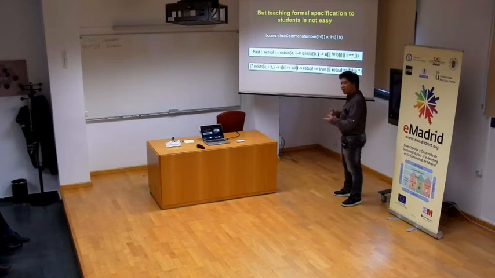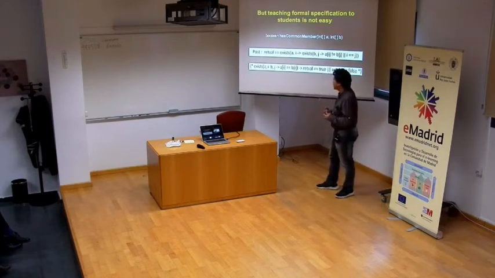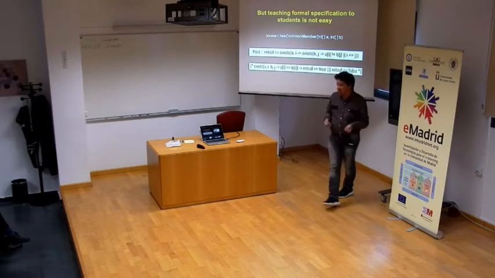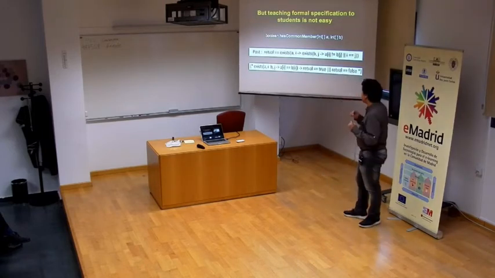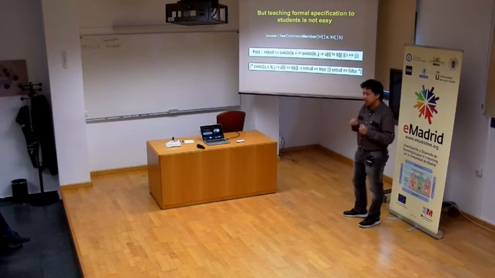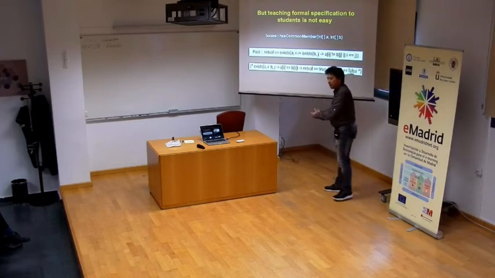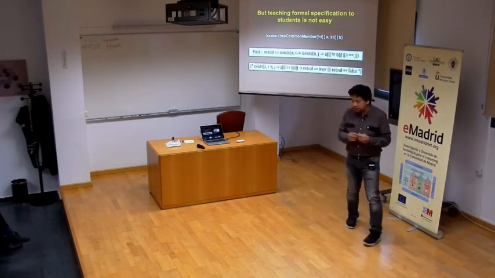They are actually in the right direction, because in this fragment they try to say that there exist two elements in the arrays A and B which are equal. So they are really trying to say that the intersection is not empty, but it does require a bit more effort to express that in the right way.